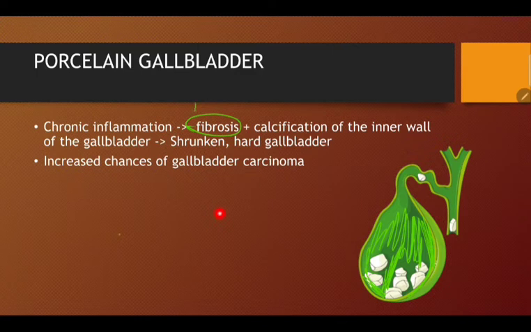So again, fibroblasts will lead to fibrosis and calcification. So now porcelain gallbladder, essentially. Why is it called that? Because there's a shrunken hard gallbladder. And this is one of the main risk factors for gallbladder carcinoma. All right. So this is bad news and this is scary, right?